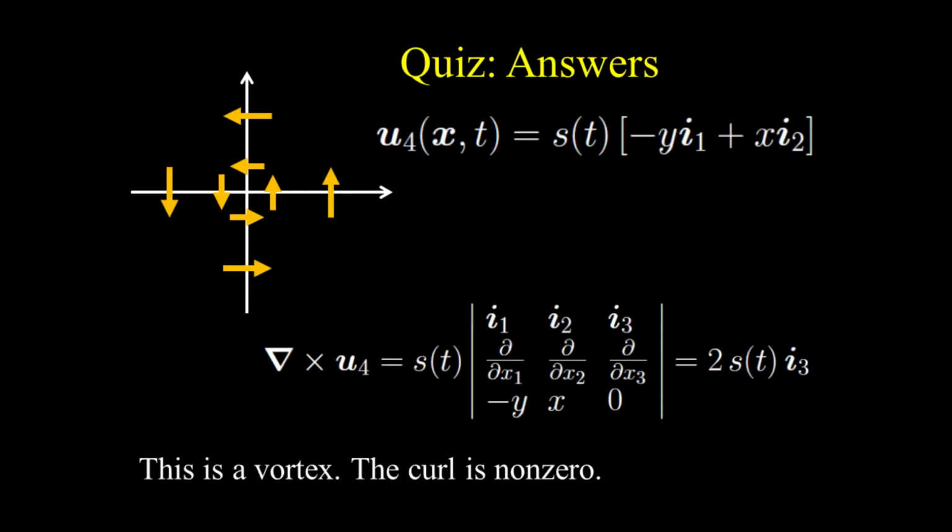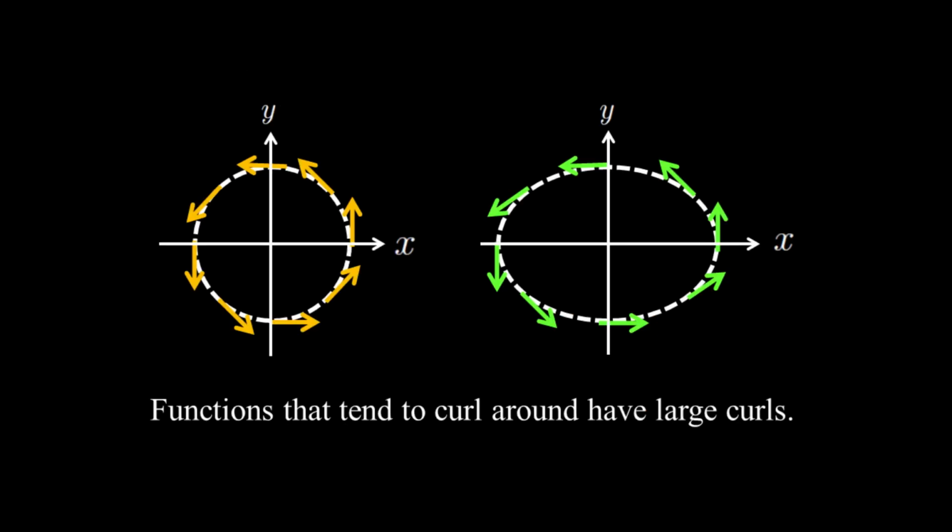Here's another quiz. Calculate the curl of this vector field. Here's your answer. This is a vortex, with non-zero curl. Functions that tend to curl around have large curls.